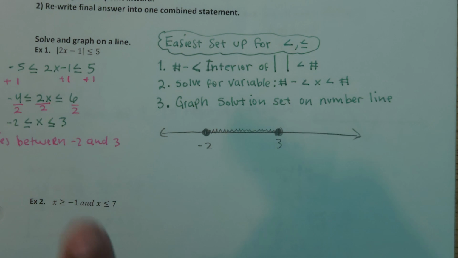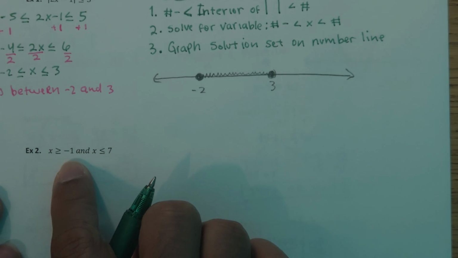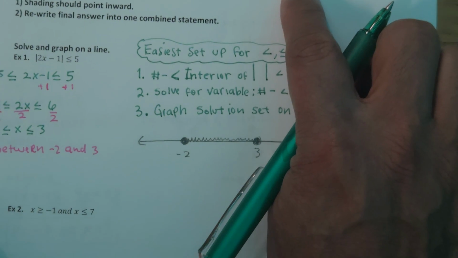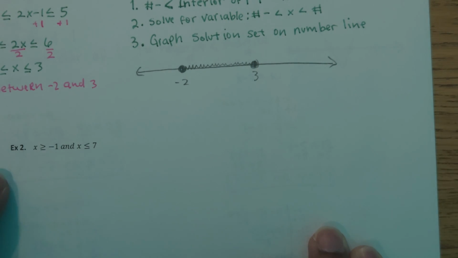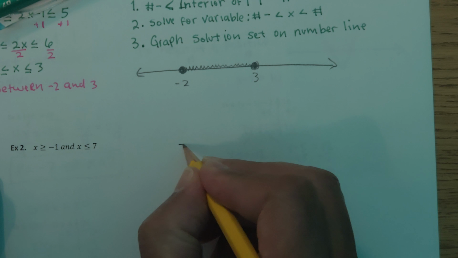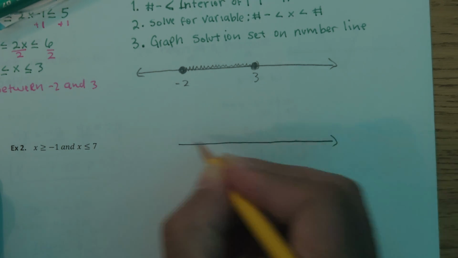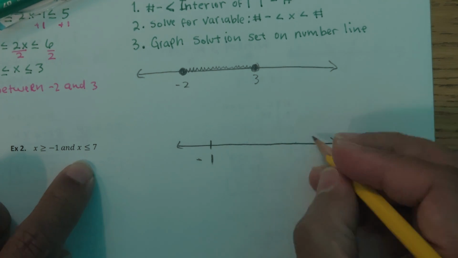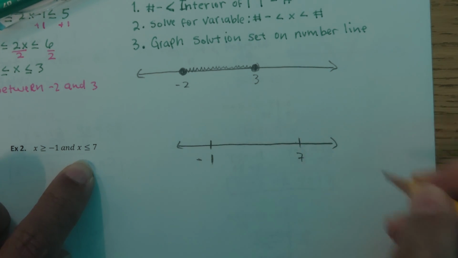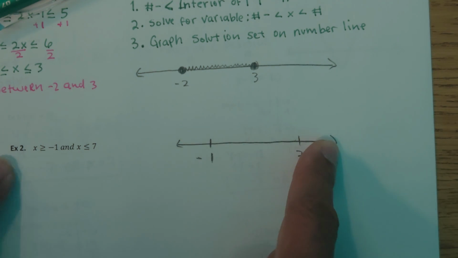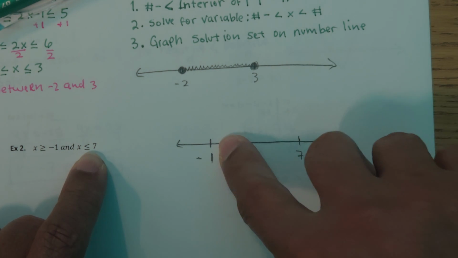On the next example, what if they give you something like this? Because this is when you solve the inequality, just like you do with the greater than or equal to. Don't forget, since this is telling you that x is greater than or equal to -1, let's see if this makes sense with the graph. Let's say this is where x is -1, and the other is where x is +7. This is greater than -1, which means from here to the right, and less than 7 means from 7 to the left.